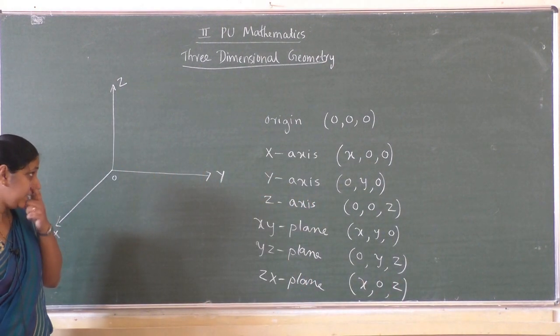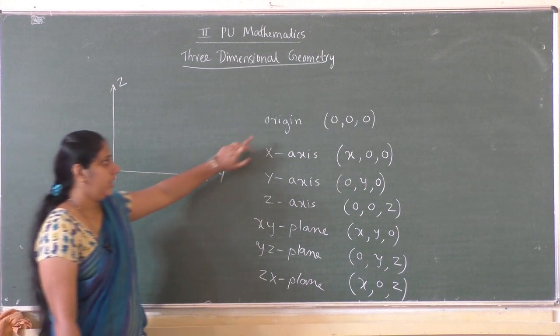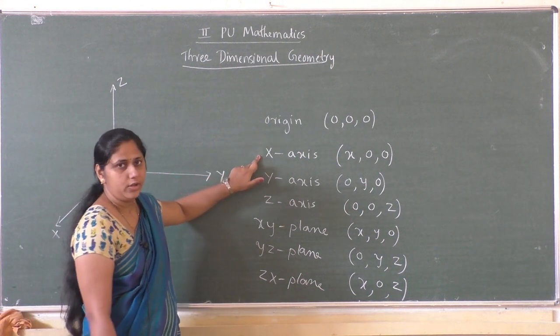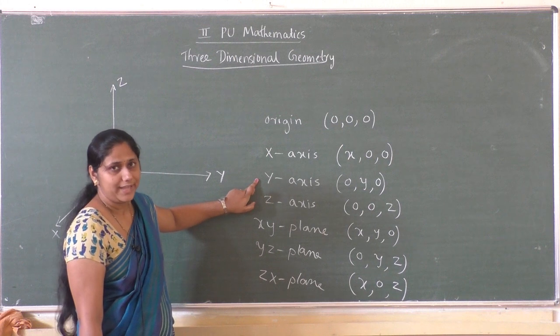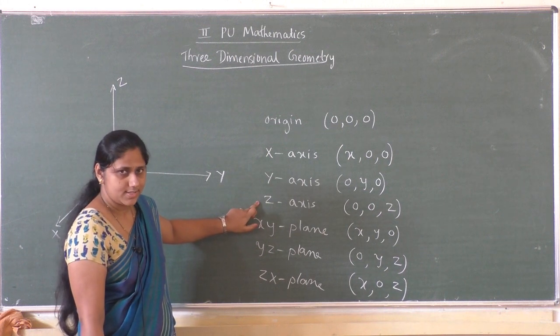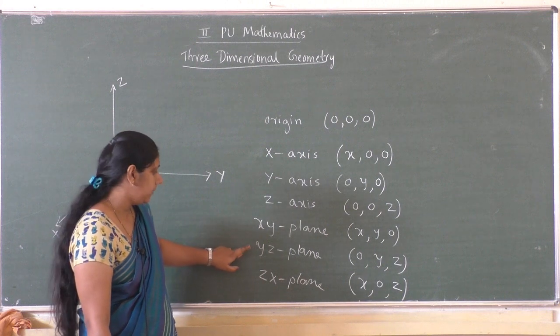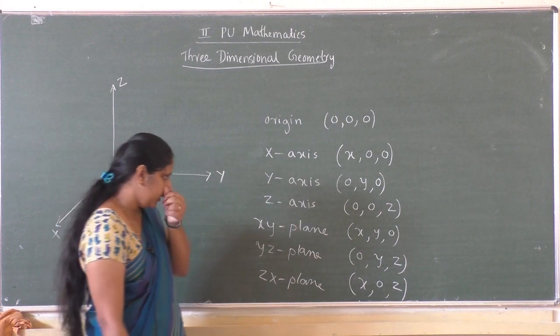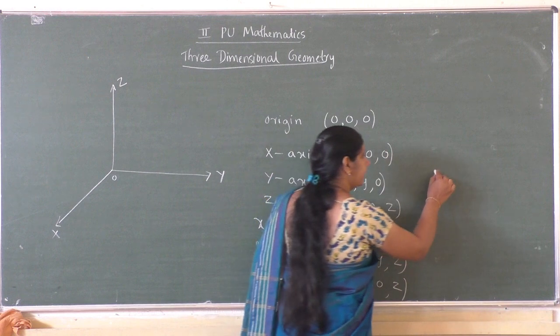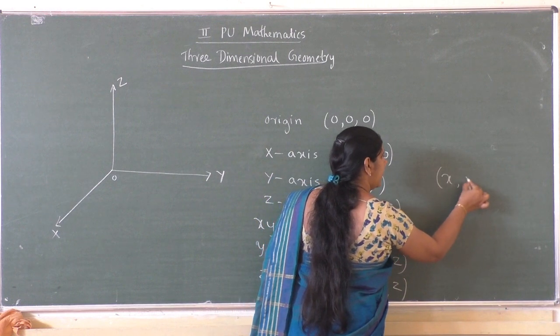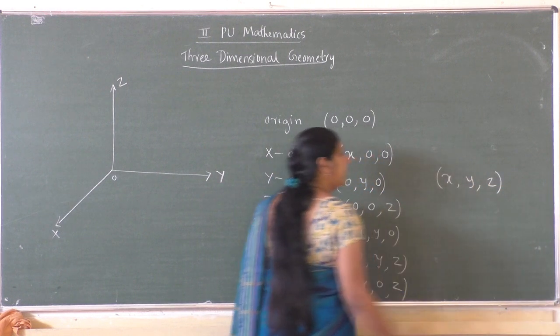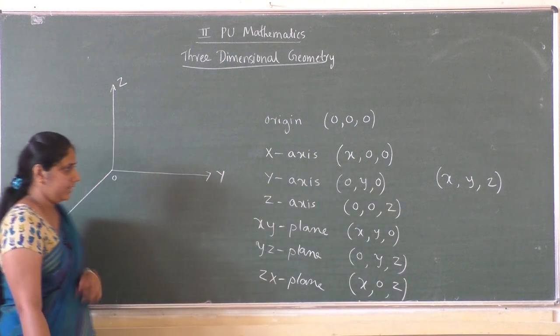So this is the representation of the points in space. Similarly, in general, a point can be represented as the ordered triplet x, y and z.